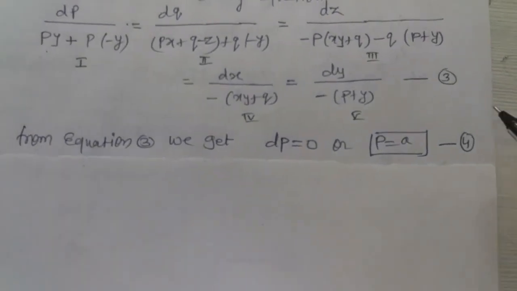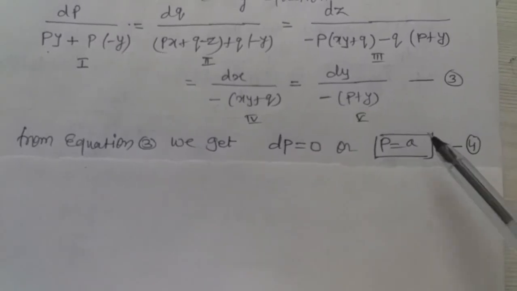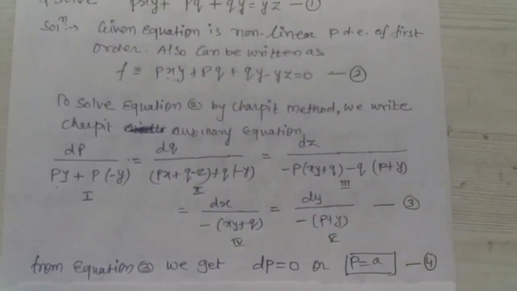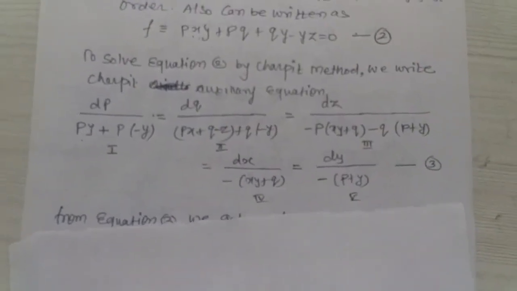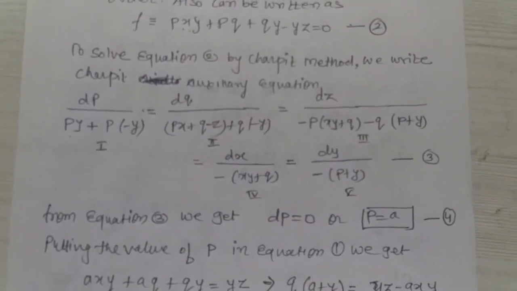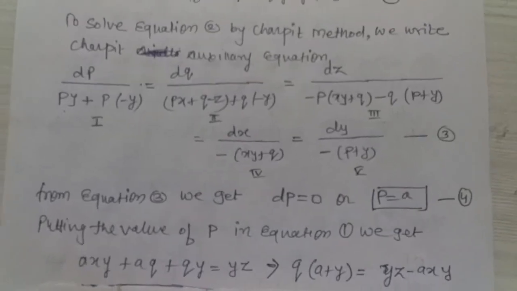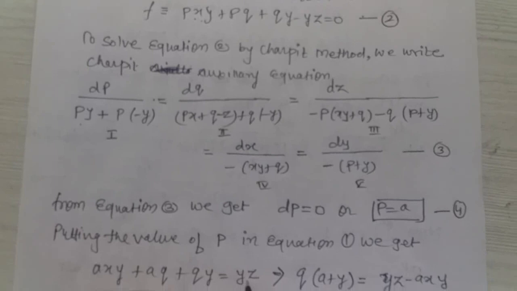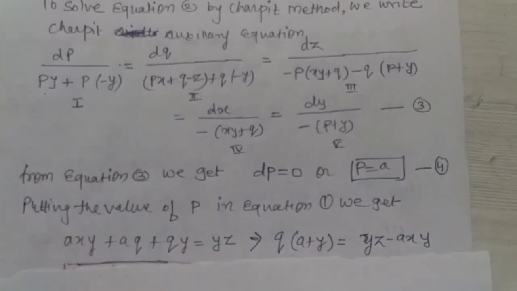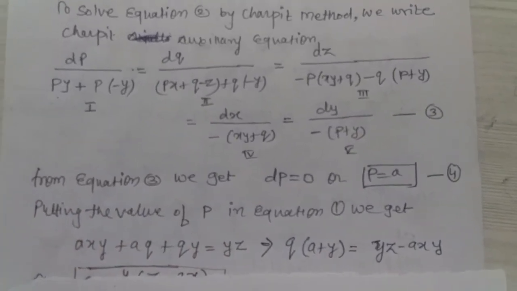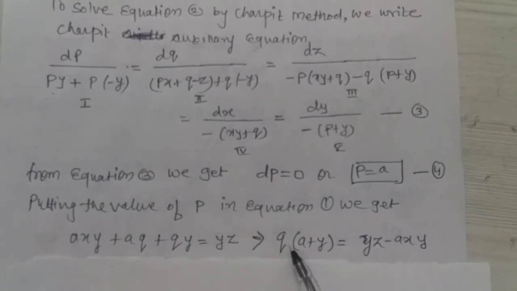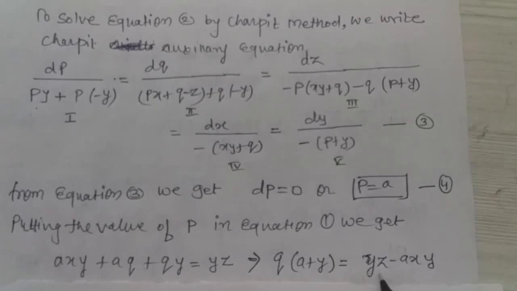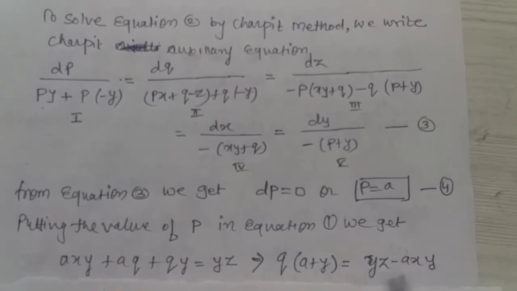Now putting the value of p in the first equation, we get axy plus aq plus qy equal to yz, which after further simplification gives q multiplied by (a plus y) equal to yz minus axy.